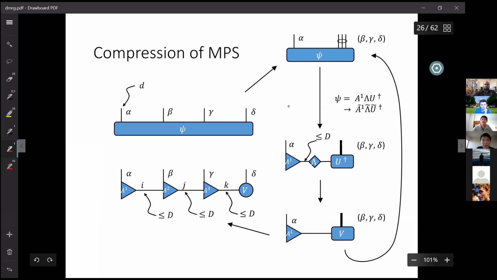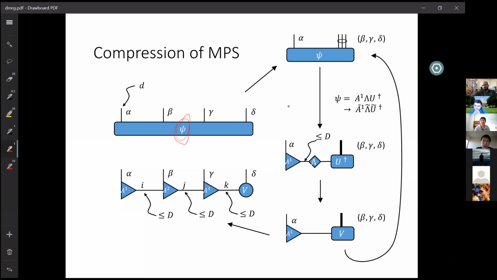Okay. So, let me go on. We have explained how you can reduce a general wave function into a matrix product state, right?